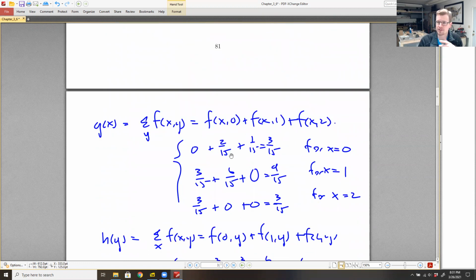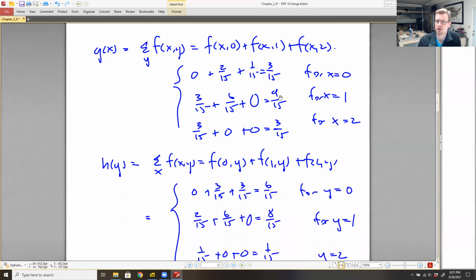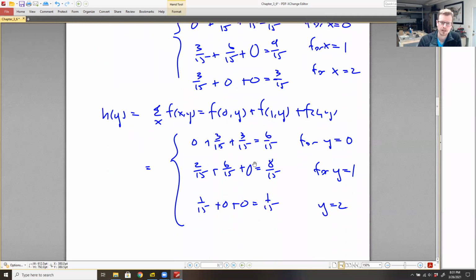You might actually be given your joint probability distribution as a function of x and y instead of just a table of values. And in such cases, understanding this might be a little bit more useful, a little bit quicker, a little bit easier. But that's all that I have for that example.